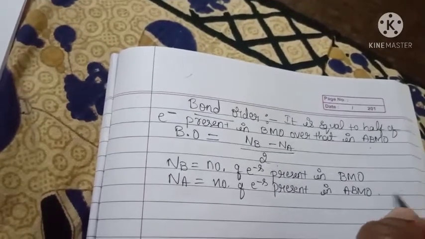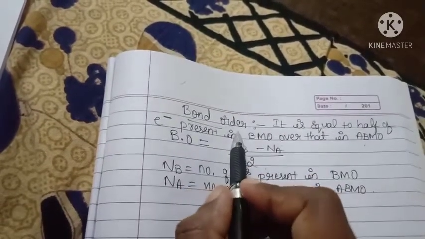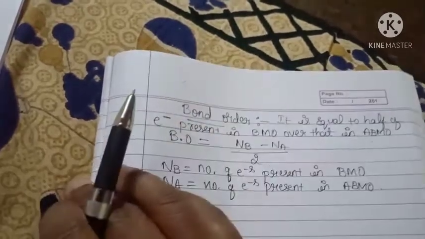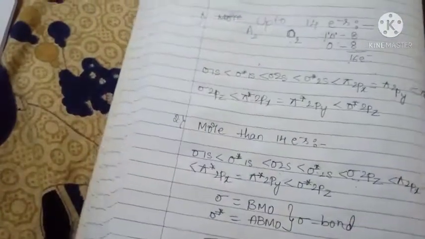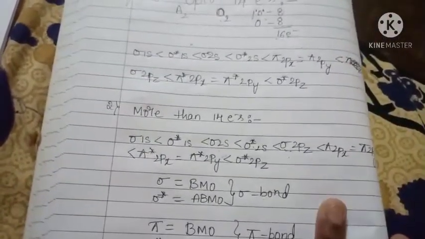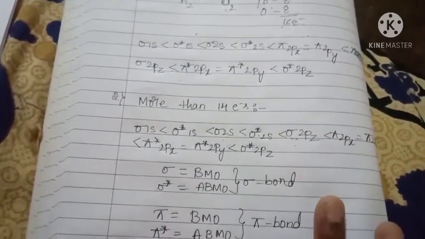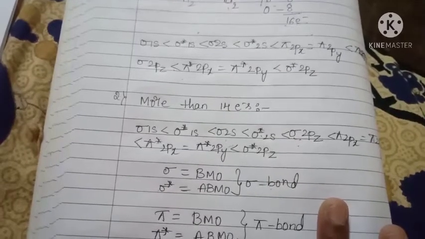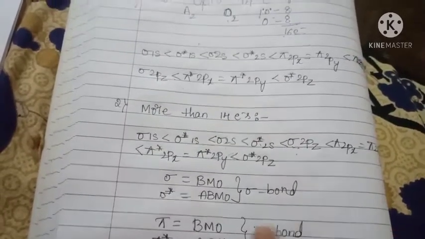Okay, this is how to calculate the bond order. These are all about the electronic configuration and the bond order, to calculate how many bonds are present, either a sigma bond or a pi bond.